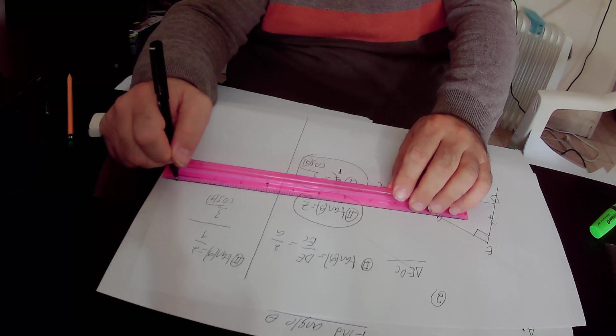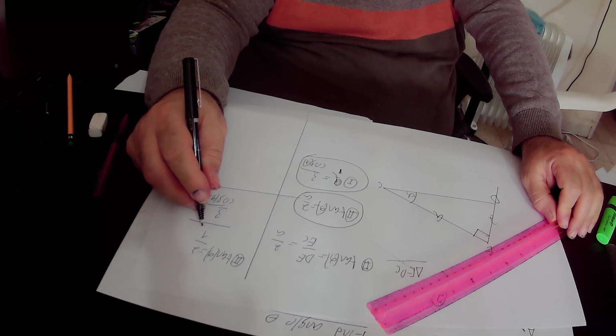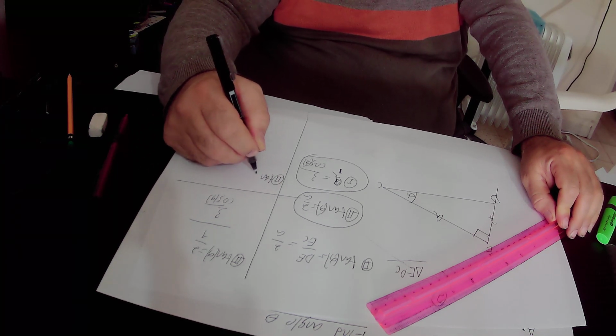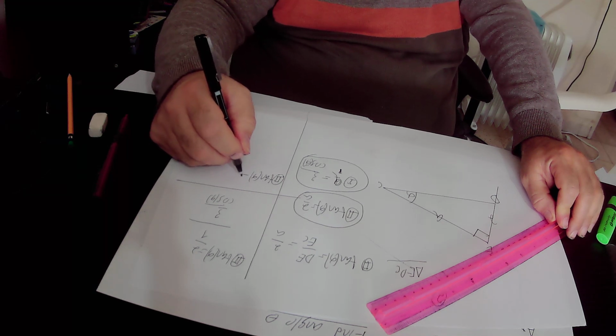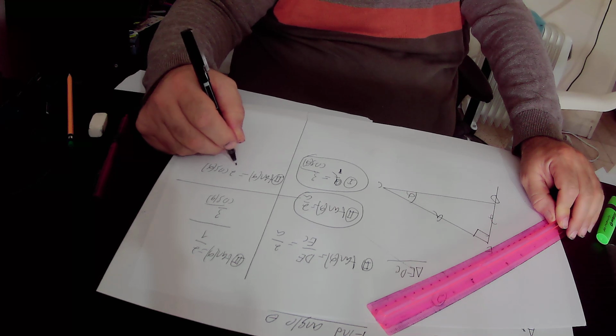So we will move cosine alpha to the numerator and 3 to the denominator, and we get, according to equation number 2, tangent alpha equals 2 times cosine alpha over 3.